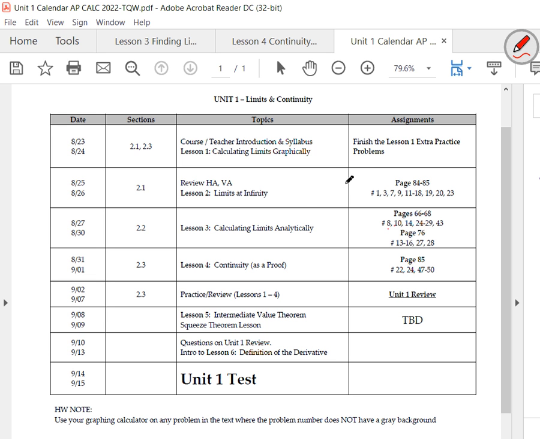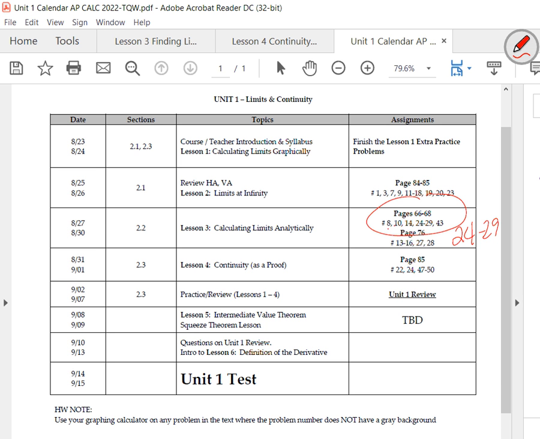I want to make sure you definitely go back in and take a look at 24 through 29 on page, somewhere between 66 and 68. That's where you're going to be able to practice this 0 over 0. I've got to do some algebra.